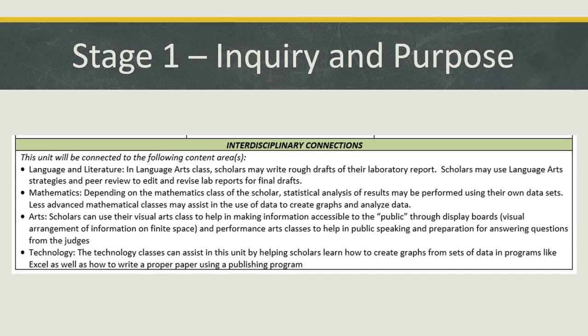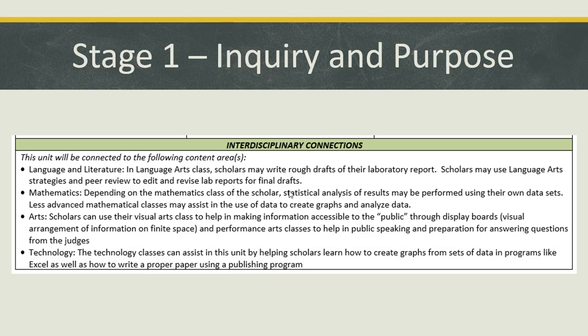The interdisciplinary connections that could be used for Unit 0 can change throughout the semester based on what you're doing. Some possible connections would include language and literature, where scholars would write rough drafts of their laboratory reports, and then they may use some of their language arts strategies to peer review, to edit, and revise their reports before their final drafts. Another interdisciplinary connection could be through mathematics.